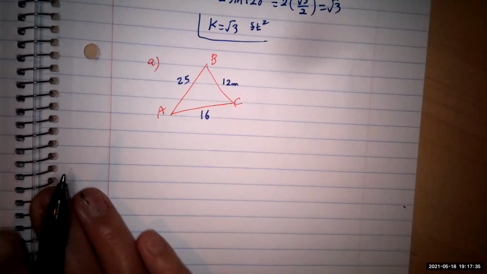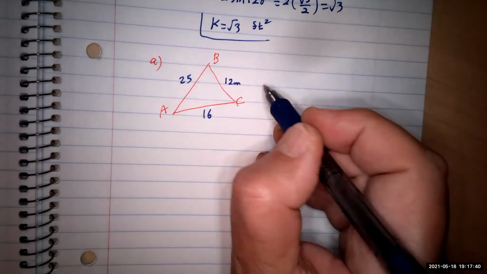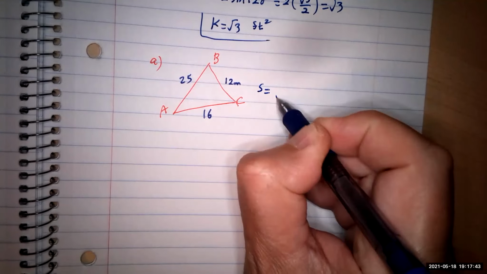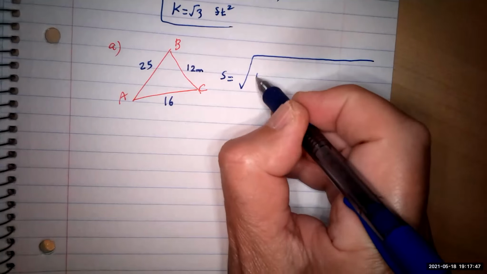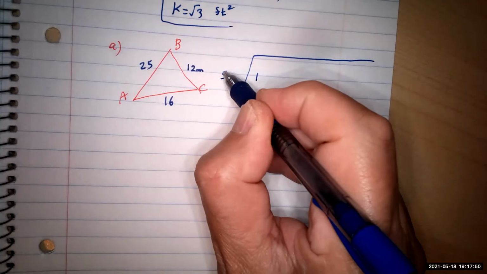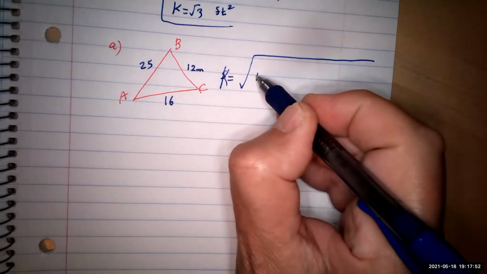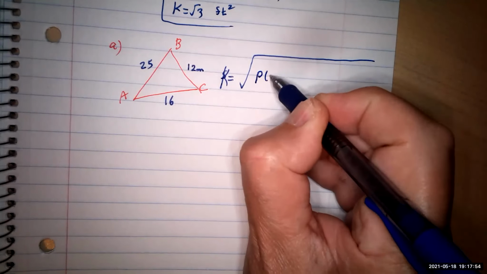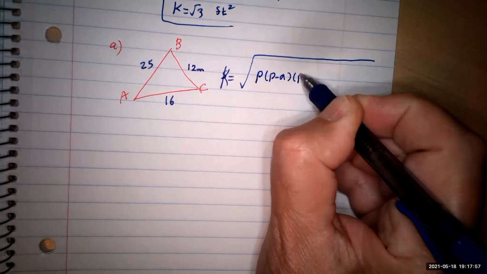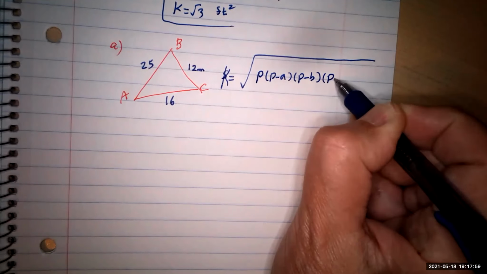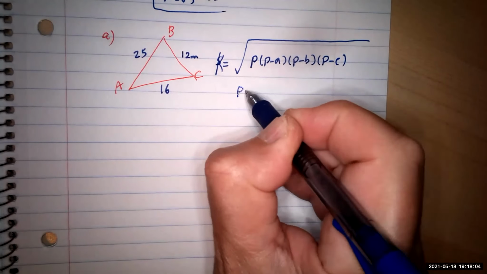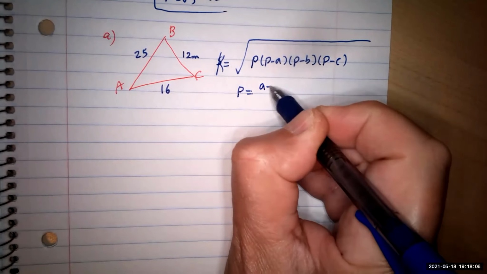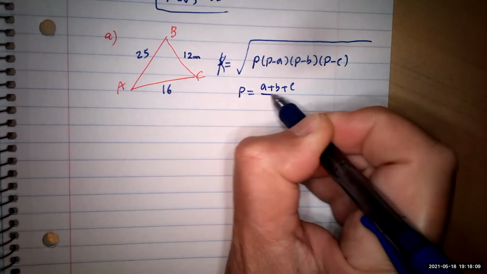The Heron formula is this one, but I wanted to use something different. Let's call this K, the area. This is the square root of P times P minus A times P minus B times P minus C, and this P is going to be half of the perimeter of the triangle.